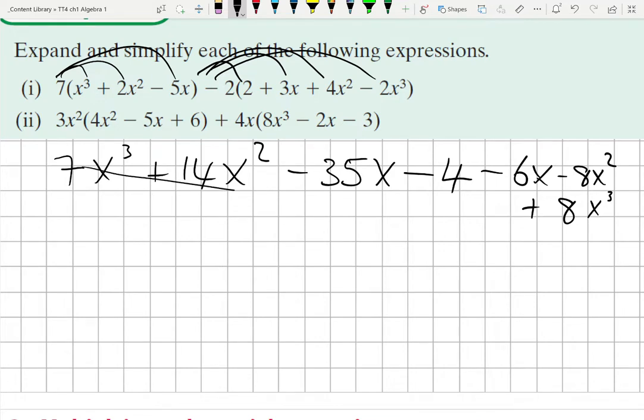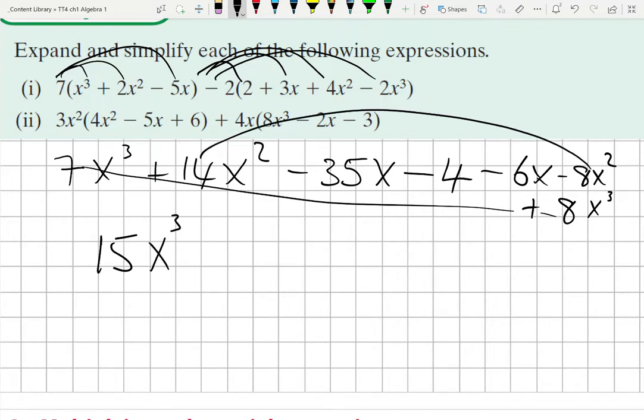Okay, and then I join up the like terms. Group together the like terms. In other words, add or subtract, whatever the case may be.